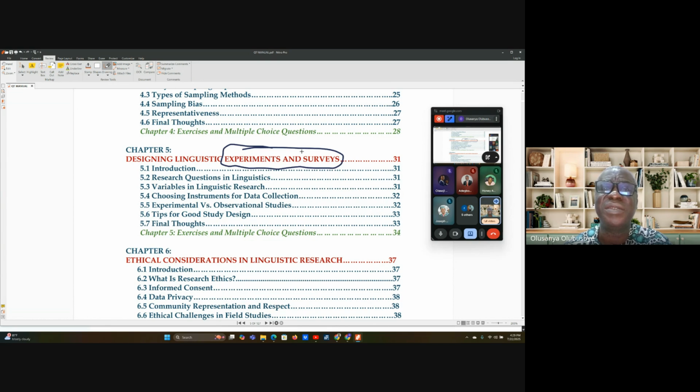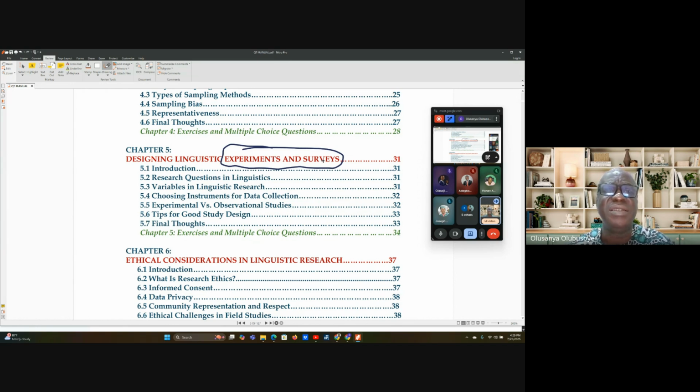But surveys are not. You cannot manipulate the subjects. But both of them, whether experiments or surveys, you can use in linguistics to study linguistic problems, or to research into linguistic related problems.